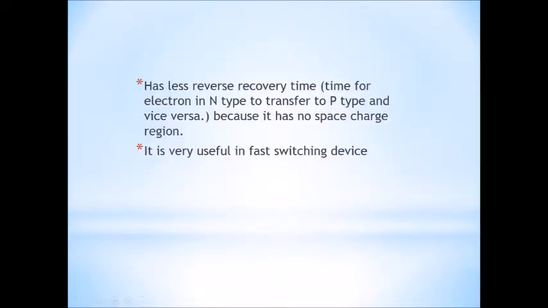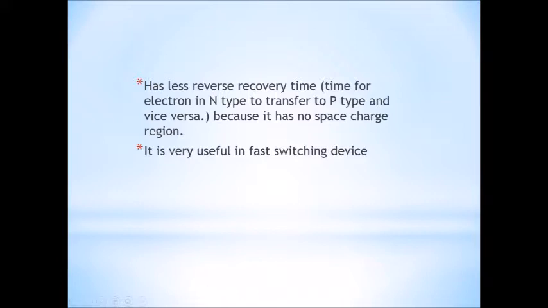Okay, let's look at this slide. I said before that I will explain more about the quick response time and low turn-on voltage of Schottky diode. So, Schottky diode has less reverse recovery time for electrons in N-type to transfer to P-type and vice versa, because it has no space charge region.